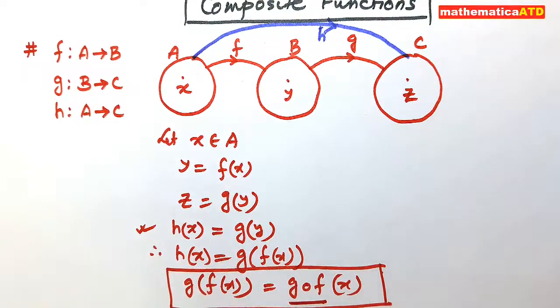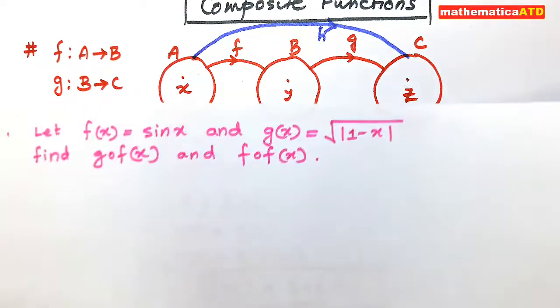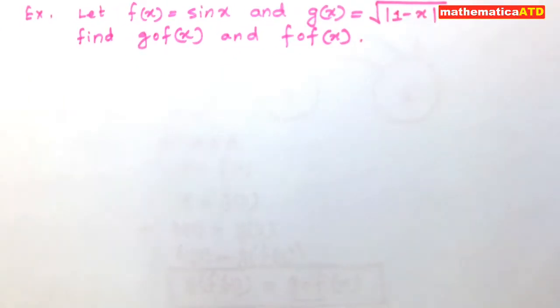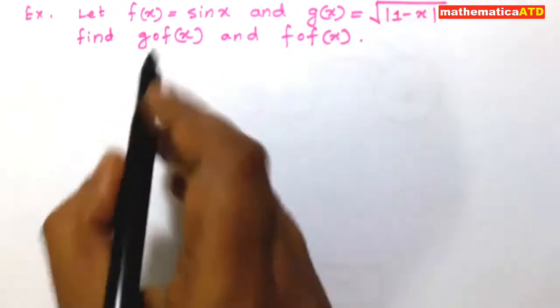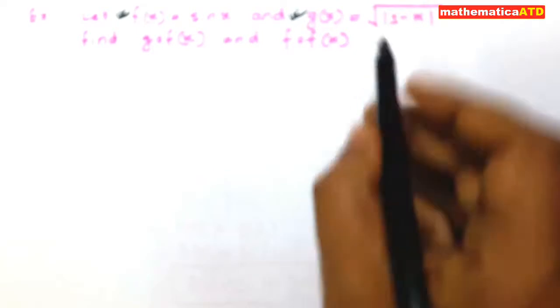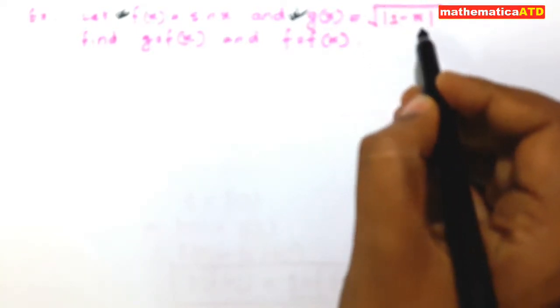Okay, let us start with an example. The example is also very important. Here you see that. Let us consider f of x is equal to sin x and g of x is equal to square root of modulus of 1 minus x.